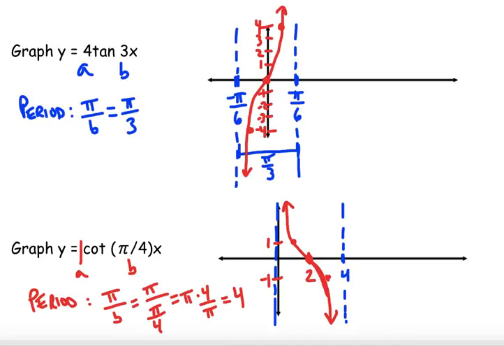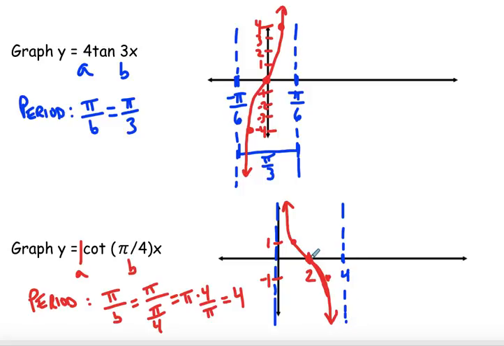So just to recap, whatever the period is for tangent, I go half of that to the right and half of that to the left. And that's where the asymptotes go. And then there's going to be a squiggle up in between. For cotangent, the first asymptote would go on the y-axis, and then wherever the period is, that's where the next asymptote will go.